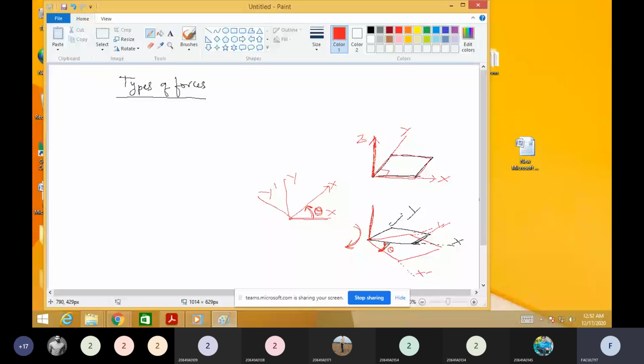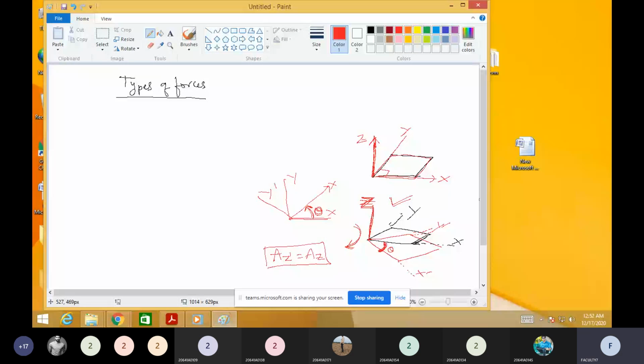In real-time applications, it may rotate in any one of the directions. That's why I had taken the second example with the other angle. Now the question is regarding the z-axis. The z-axis has not changed anything. There is no change regarding the z-axis, so the component of z will remain as it is.